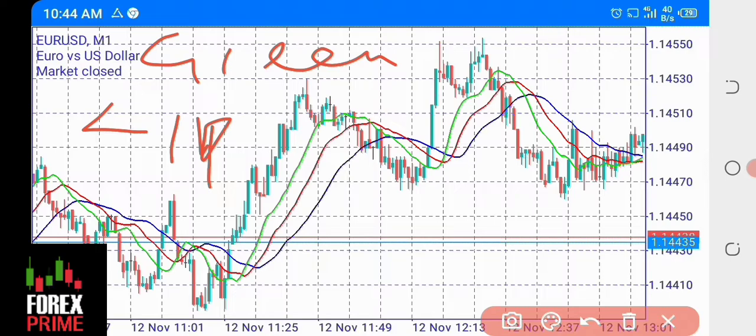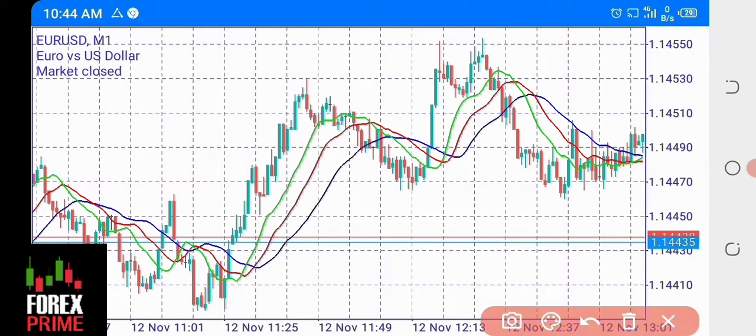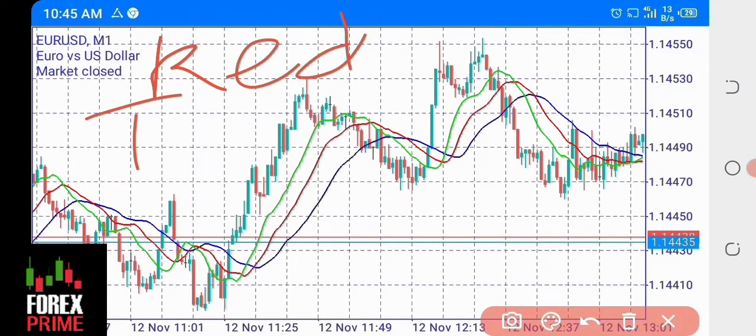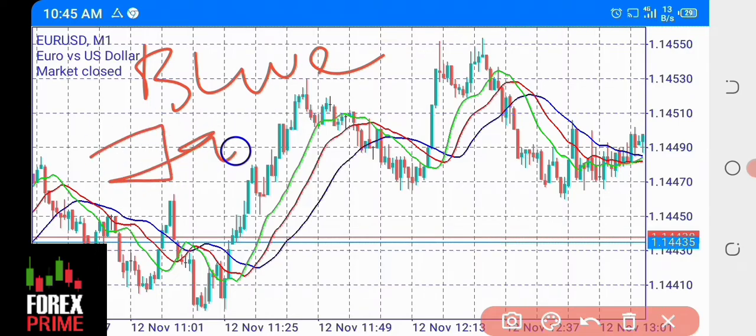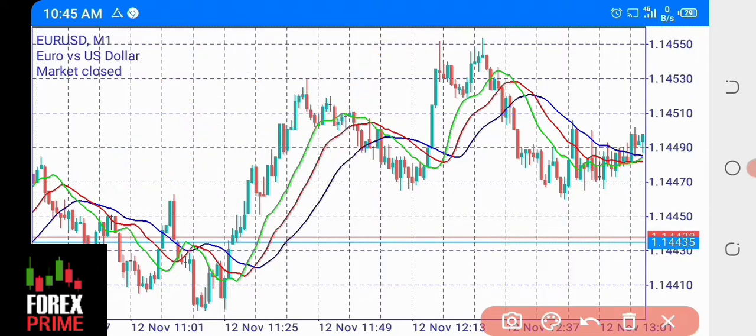Then we have the red line, which represents the teeth of the alligator. Then the last line, which is the blue line, the blue line represents the jaws of the alligator.